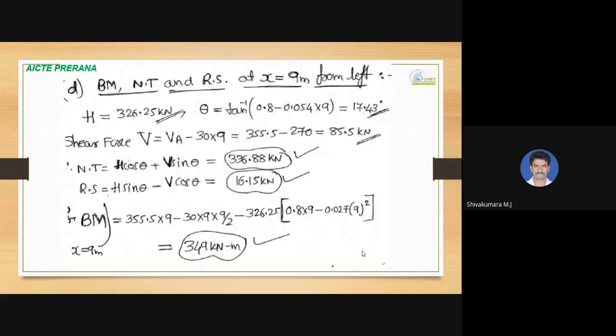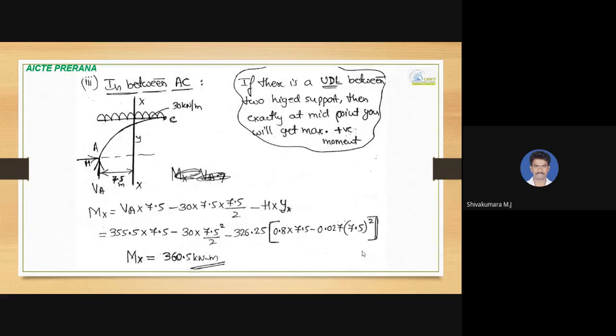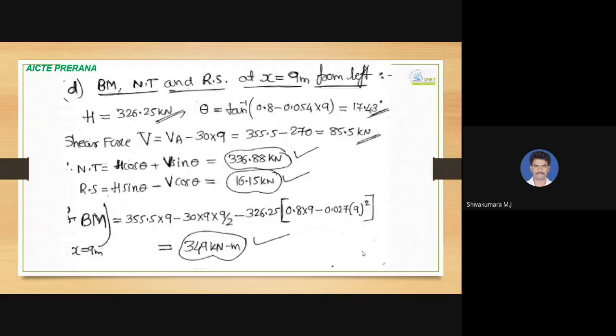So we are done with finding the bending moment at a distance of 7.5 meter from A, and at a distance of 9 meter from B. In the question, it is asked to determine the bending moment at a distance of 9 meter, so we take moment at a distance of 9 meter from the left hand support.